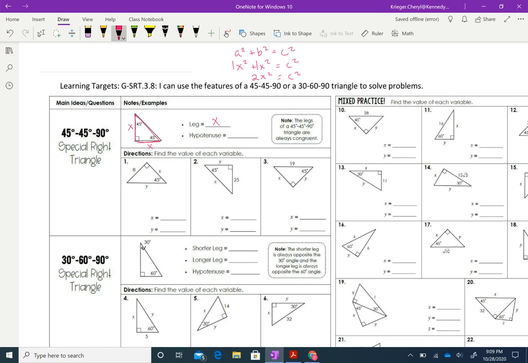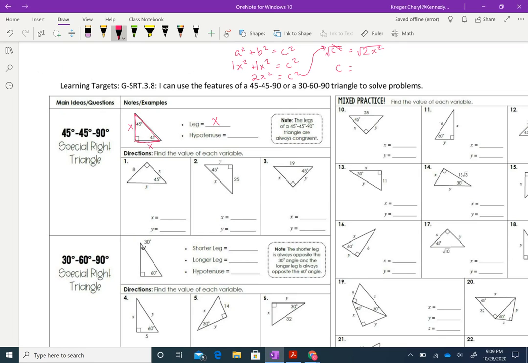Okay, and moving over here, if c squared equals 2x squared and I want c by itself, I would take the square root of both sides. The square root of c squared is c.